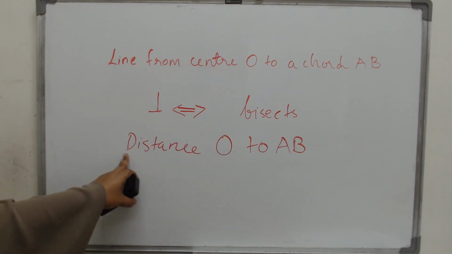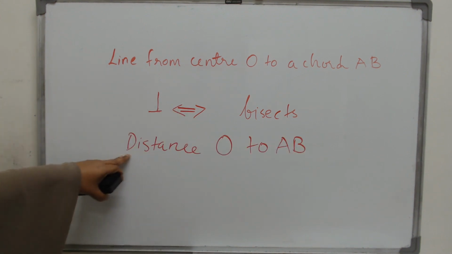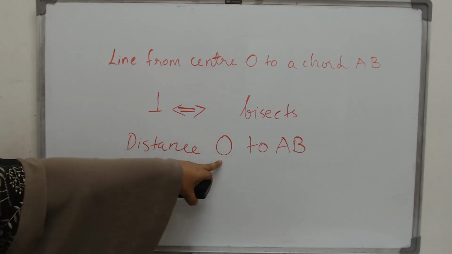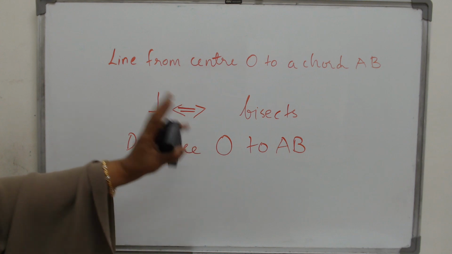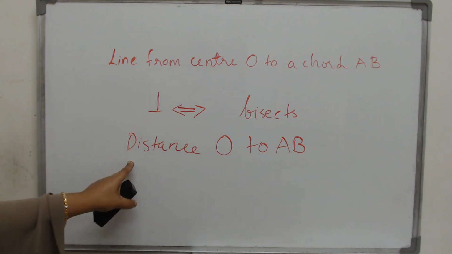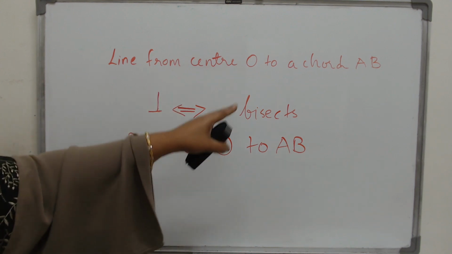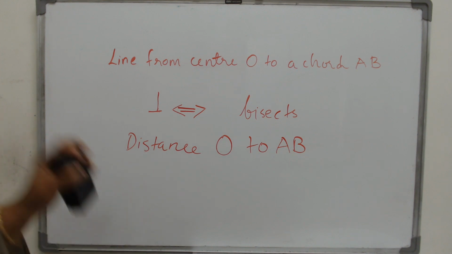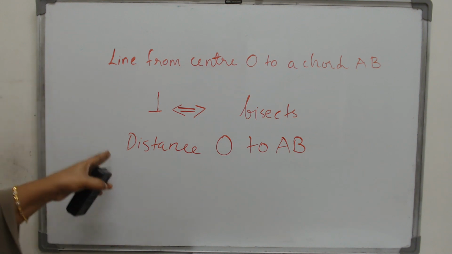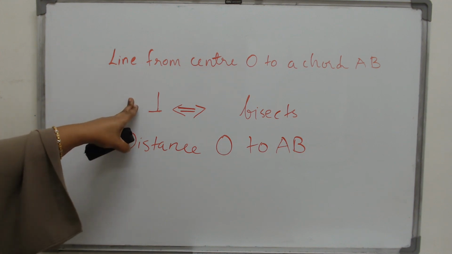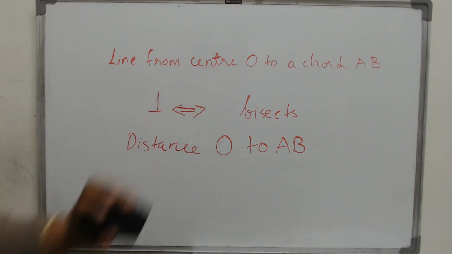Or in other words, if you see the word distance from the center, remember it works only from the center. If you see the word distance from the center to a chord AB, then with your eyes closed you can say two things about that line. It will be perpendicular and it will bisect AB.